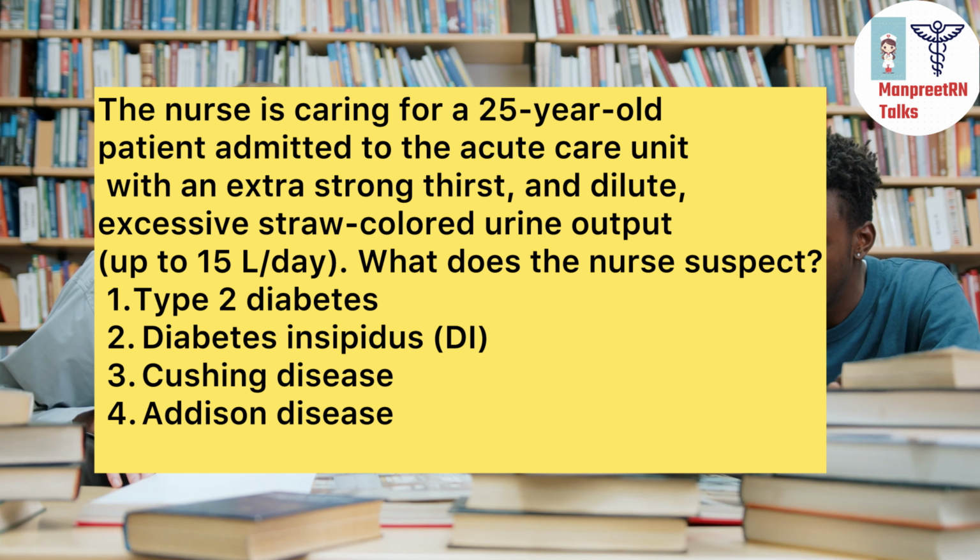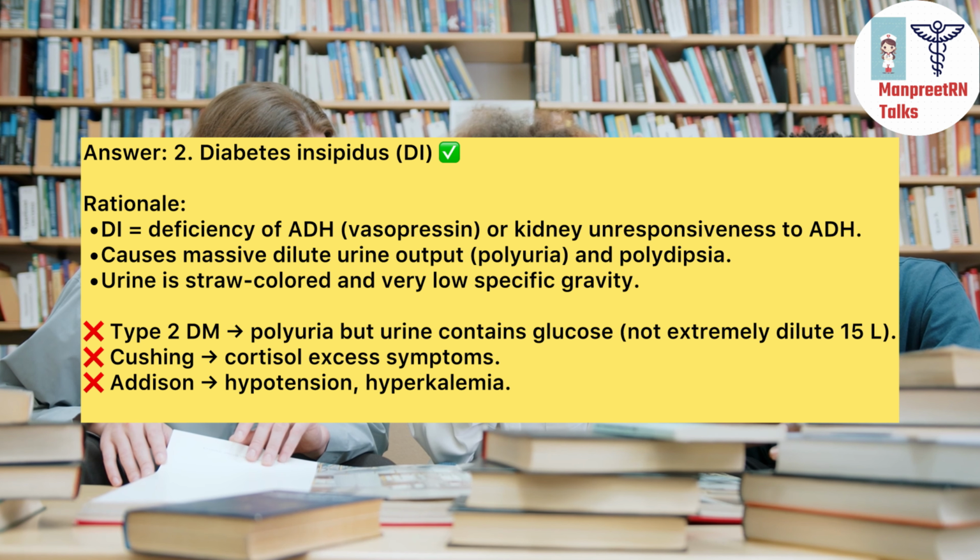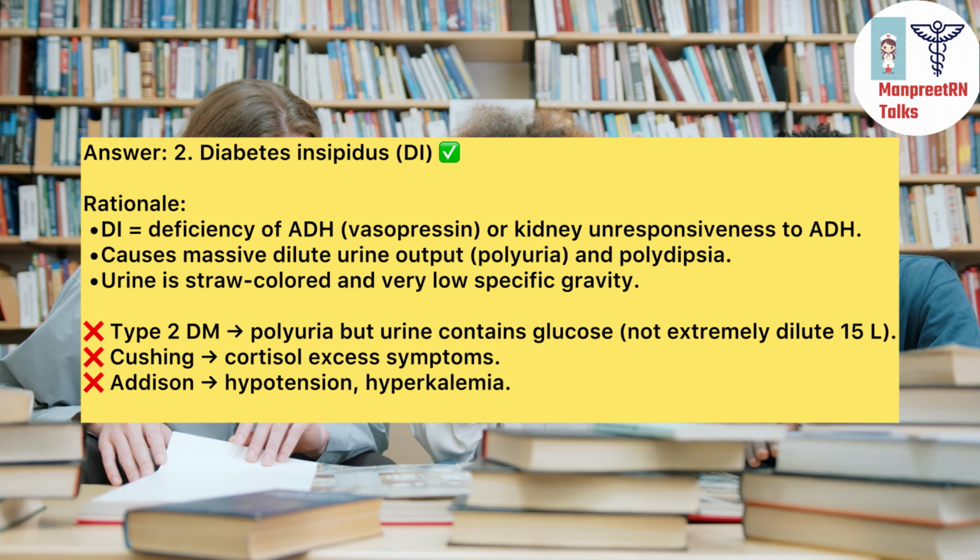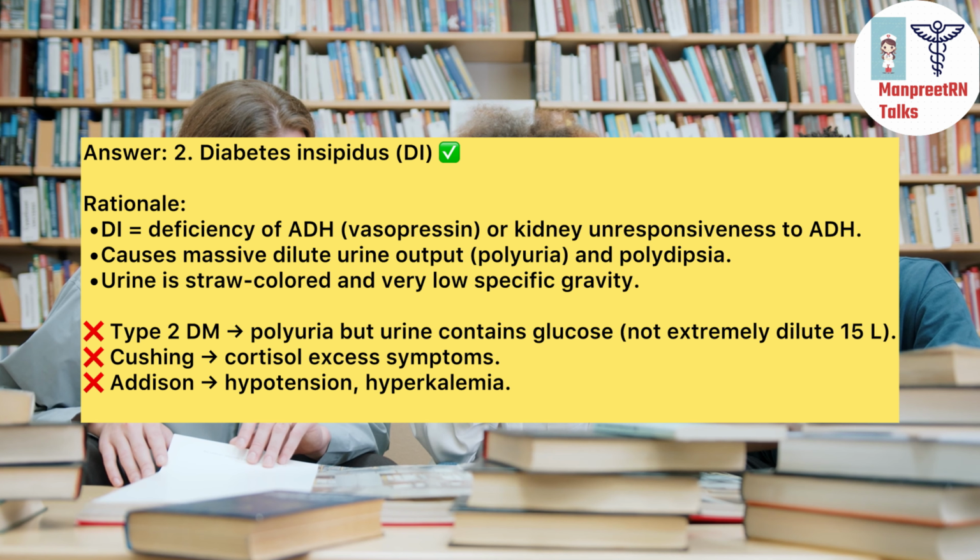The correct answer is DI, diabetes insipidus. So what is diabetes insipidus? Diabetes insipidus is a disorder of the posterior pituitary gland in which water loss is caused by either an ADH, antidiuretic hormone, deficiency, or an inability of the kidney to respond to ADH.